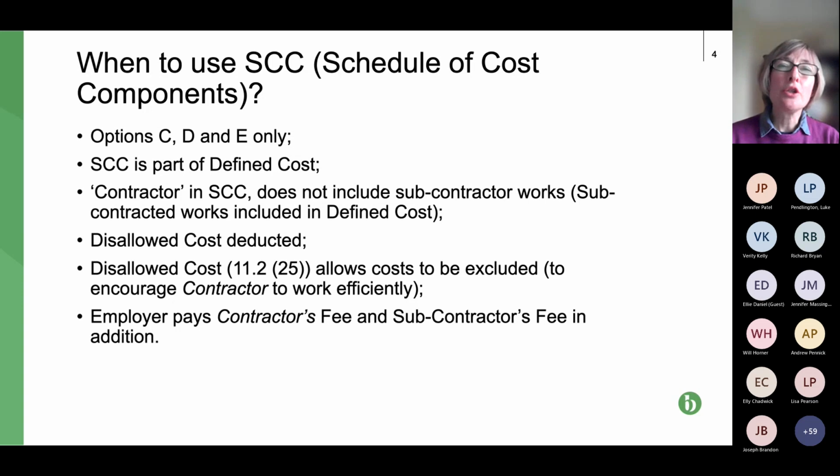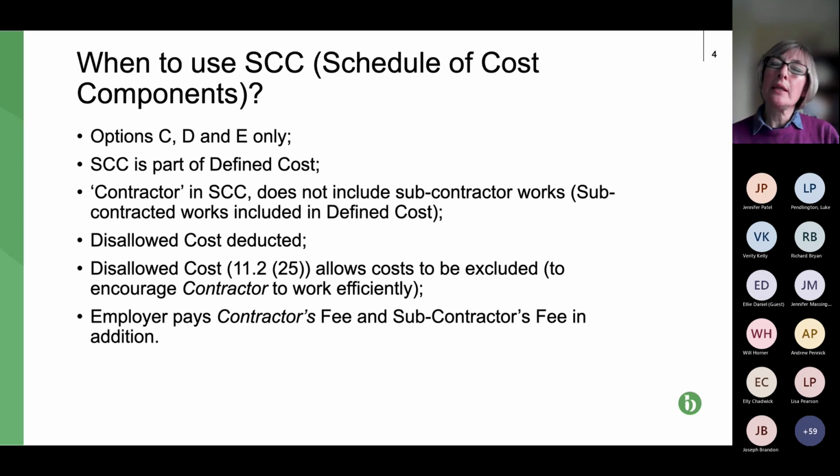So the schedule of cost components, when is it used? Well, first of all, it's used for those NEC contracts C, D and E. So what are they? Well, E is your reimbursable, and C and D are your kind of pain gain profit sharing contracts. Where are they used?